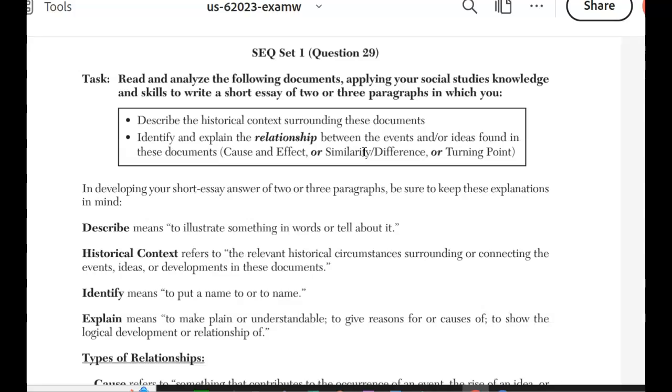Turning point. Turning point is when you have a moment when there is change, some event that really changed how people looked at something. So just to pick an obvious example, when Thomas Paine, during the Revolution, wrote the pamphlet Common Sense, which you should remember, he wrote it in January of 1776.